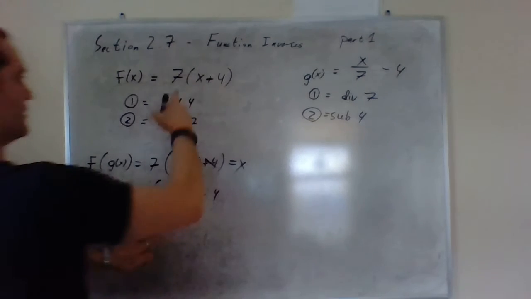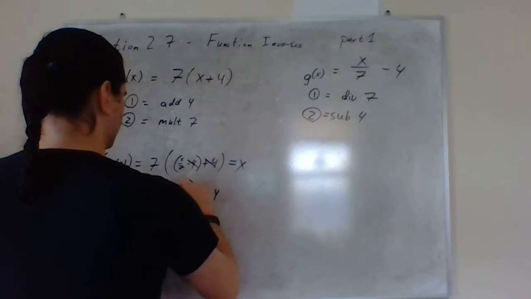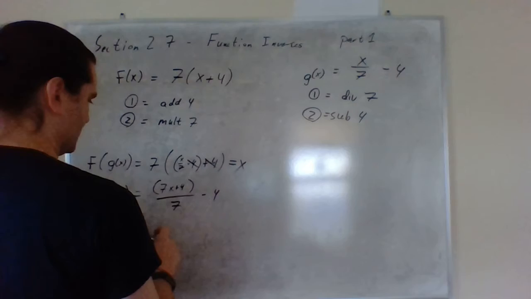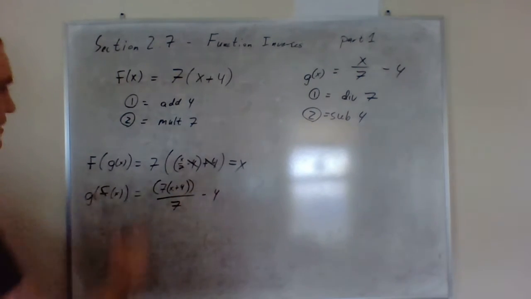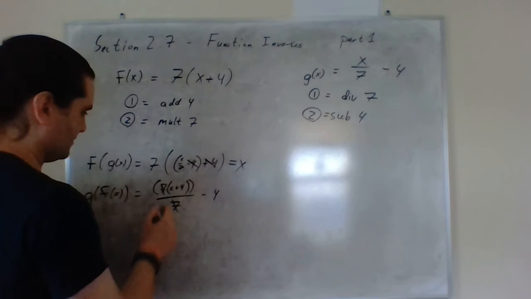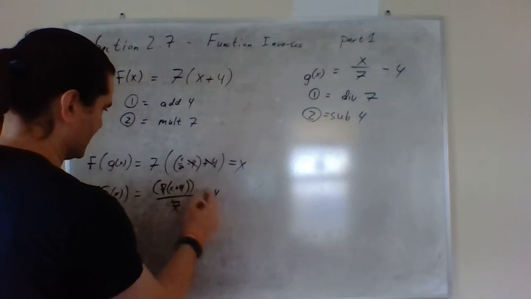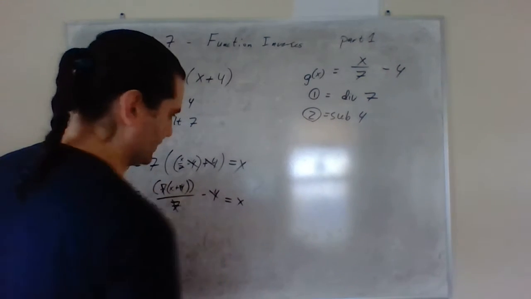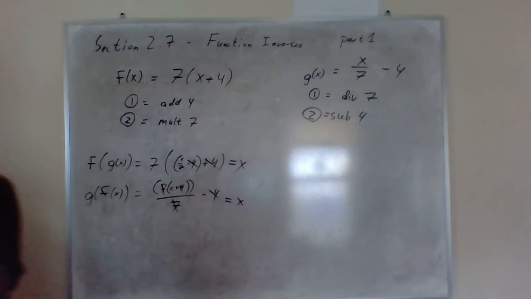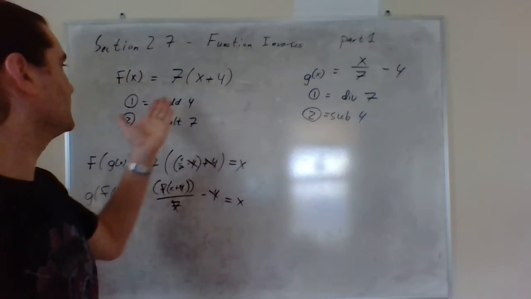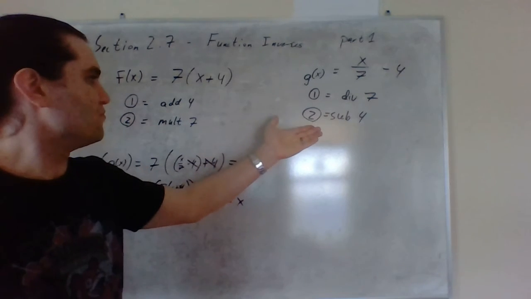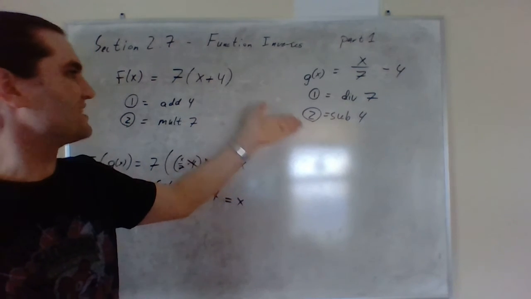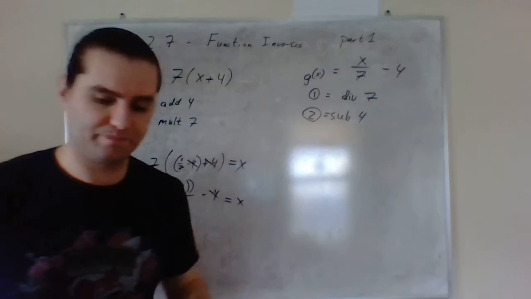And inside here we're going to put 7 times x plus 4. So, 7 times the quantity x plus 4. Now these 7's cancel, and then x plus 4 minus 4, the 4's cancel, and we just have x again. So this is the Dave technique. Make a list of the things that are happening, and then undo those things in the opposite order.